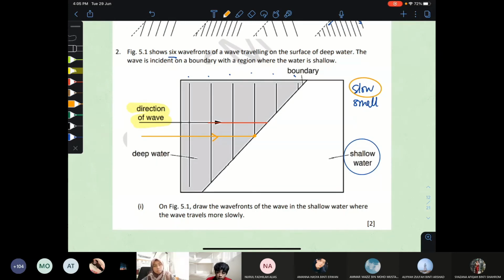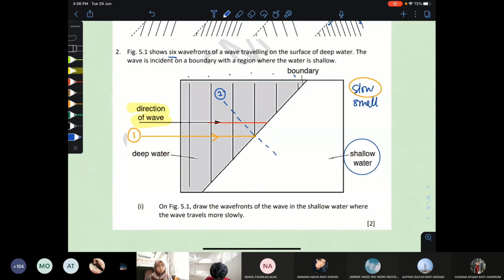Near to the normal line. Okay, next. Okay, so this is the first tip lah. So second, yes, I heard just now someone said you have to draw normal line. Okay, normal line. So that's the second thing. So saya panjangkan sikit lah normal line dia.